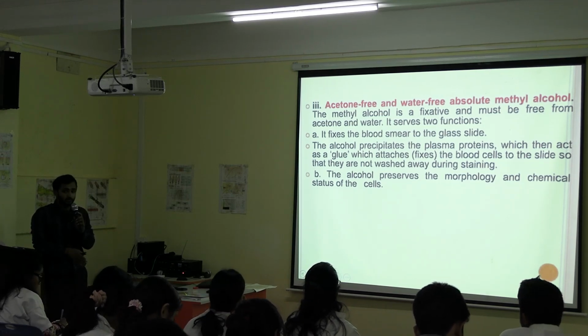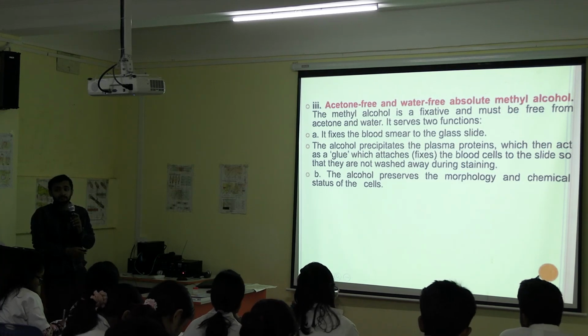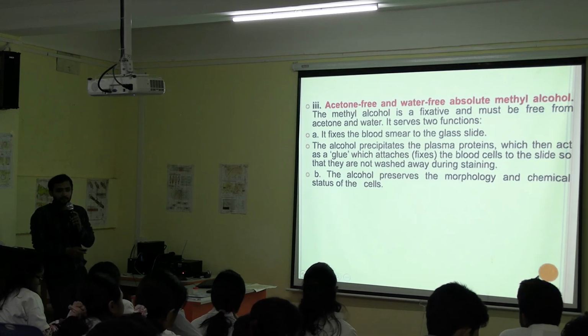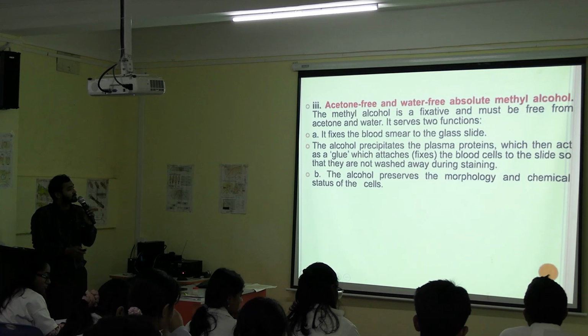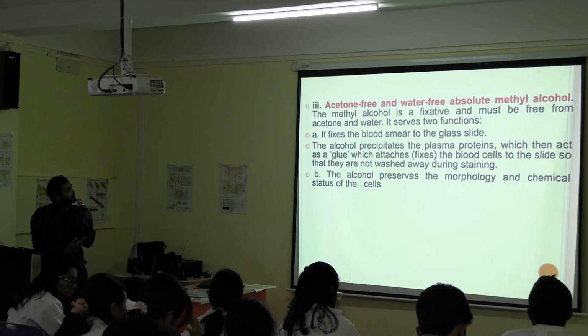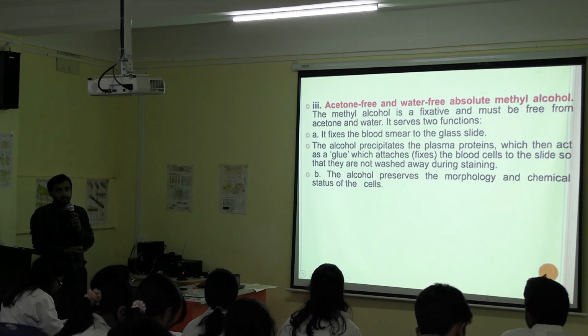And what will water do? If there is presence of water, it will cause clumping or rouleaux formation. Here this methyl alcohol is doing the fixing. So how is it doing the fixing?